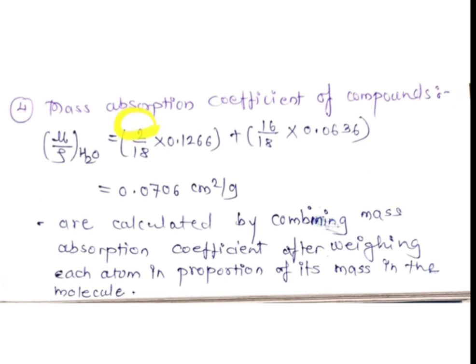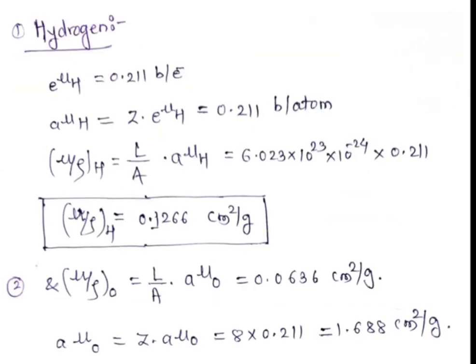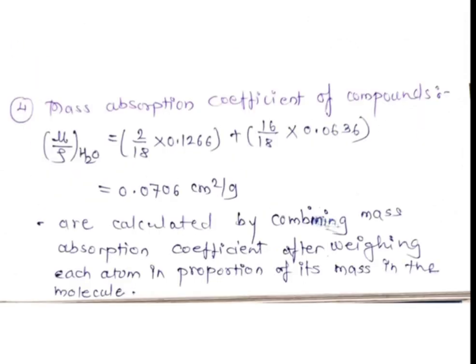So the mass of the hydrogen divided by the total mass of the compound into the mass absorption coefficient of the hydrogen, plus 16, which is the mass of the oxygen in the total mass 18, into the mass absorption coefficient of the oxygen, which we have calculated here, 0.0636 centimeters squared per gram. Just do the calculation of these terms, and you will get the value 0.0706, and the unit will be centimeters squared per gram, for the mu by rho or the mass absorption coefficient of the water.